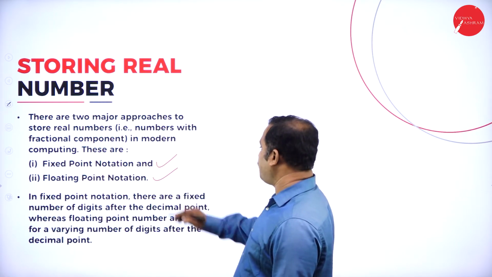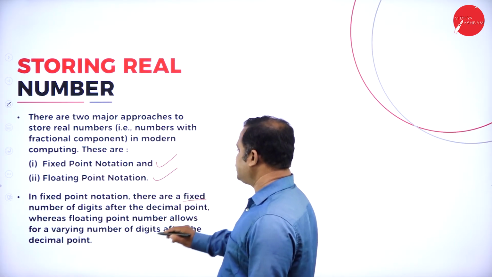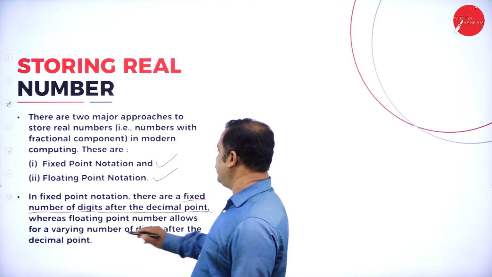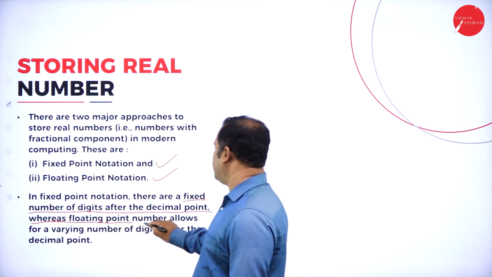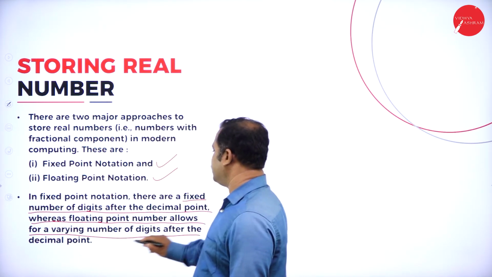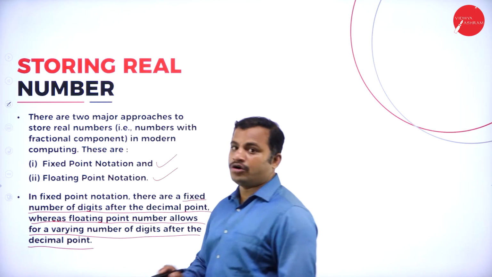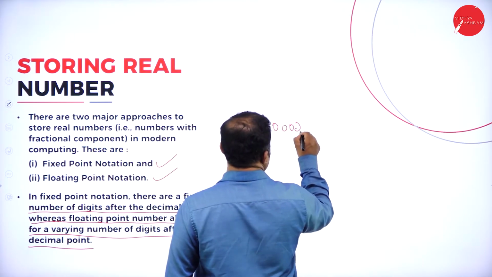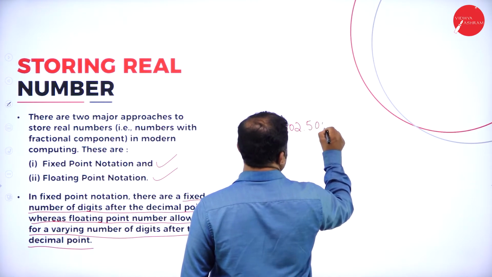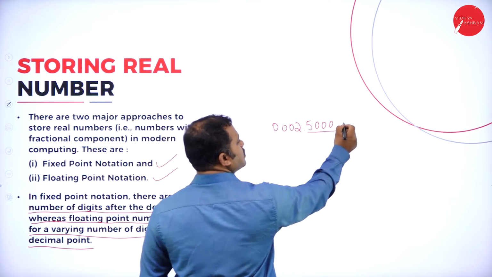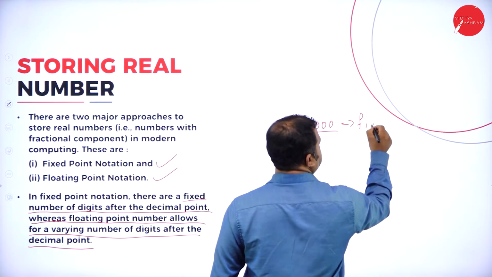Now in fixed point notation, there are a fixed number of digits after the decimal point, whereas the floating point number allows for a varying number of digits after the decimal point. As I have already discussed, 0002.5000, we have only 4 digits after the decimal point in the case of fixed point representation.